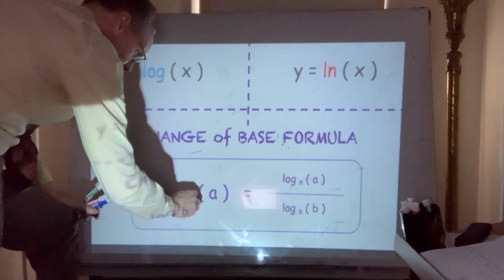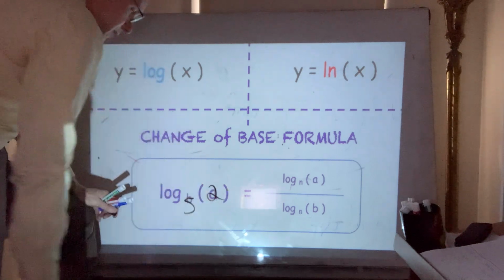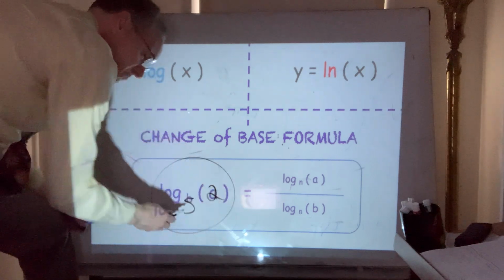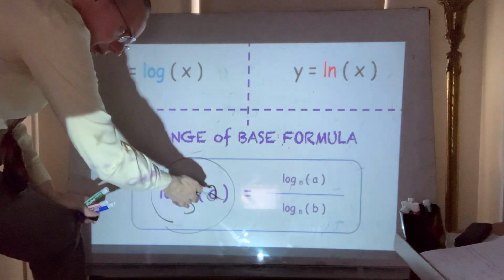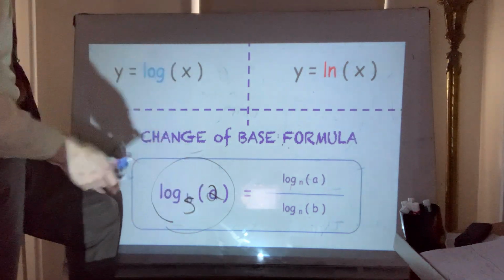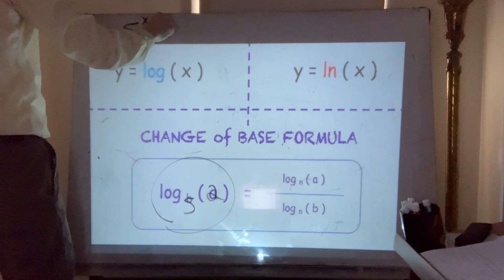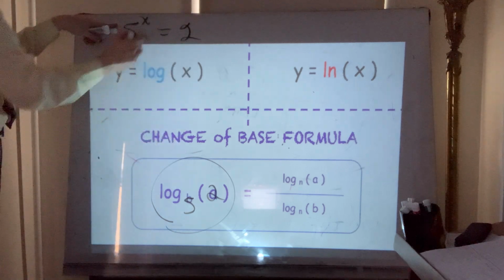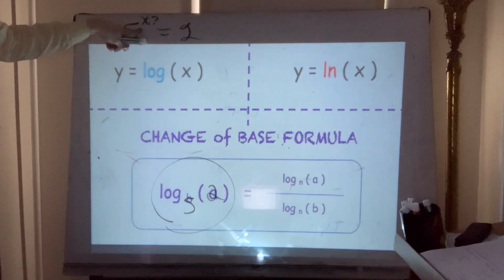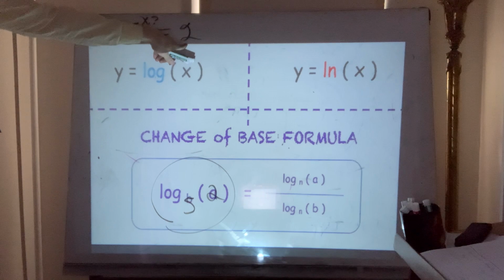Suppose you had a log of base 5 and of the number 2, and you wanted some more or less satisfying number to evaluate that. Remember what this would really mean: it would be what's the exponent. This would be determining x, if 5 is the base and 2 is the outcome.